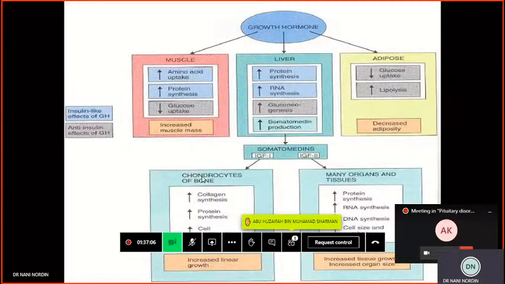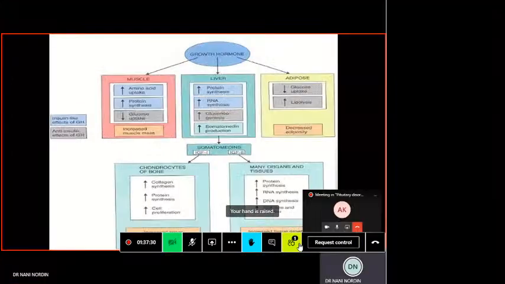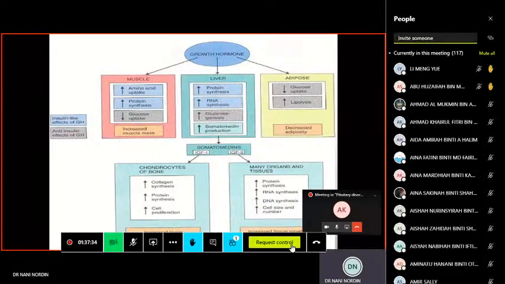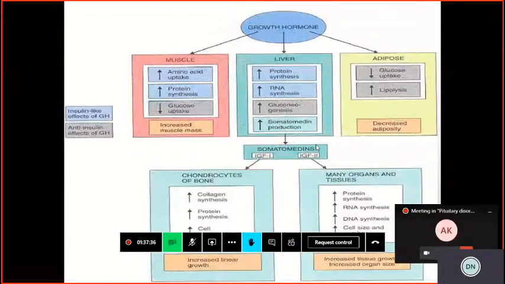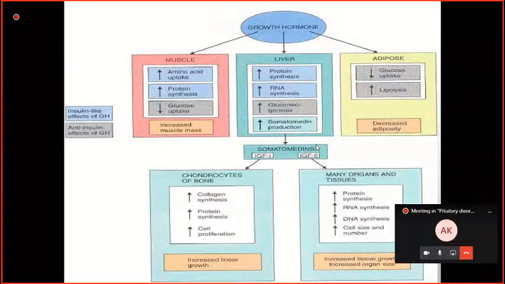Even in muscle, it can have an insulin-like effect in which it increases protein synthesis and amino acid uptake, but it can also have an anti-insulin effect on carbohydrate. So it can cause decrease in glucose uptake, and as a result you can have an increase in glucose level. It causes decrease in glucose uptake in the muscle and in the adipose tissue.